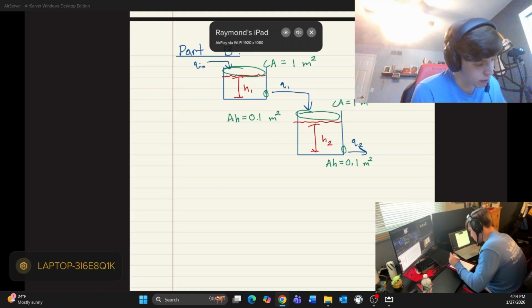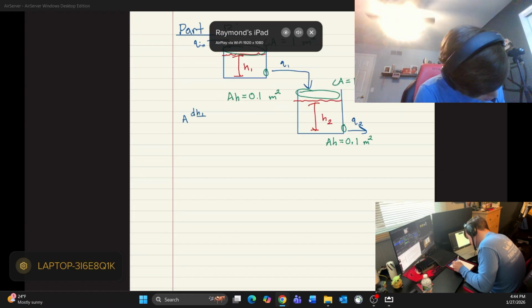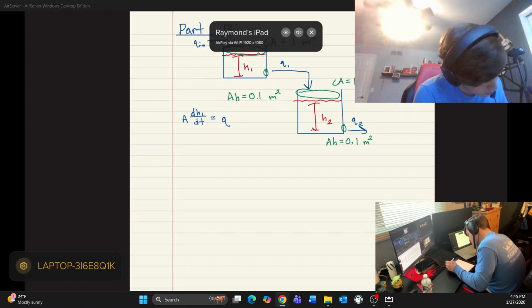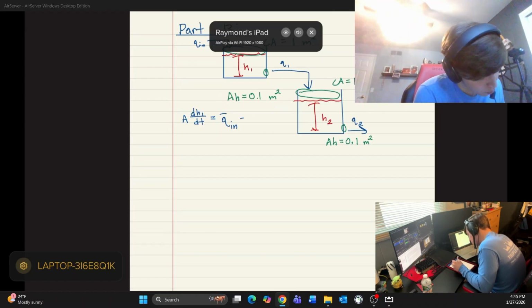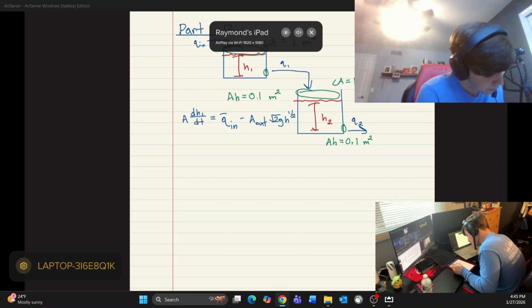And so like in the previous problem, we're going to start by applying our regular equations, where we have A dH1 dt equals Qn, or Q1, I keep this as Qn, minus what we derived for what would be Q1 in this scenario, which is A out square root 2g h1 to the 1/2.